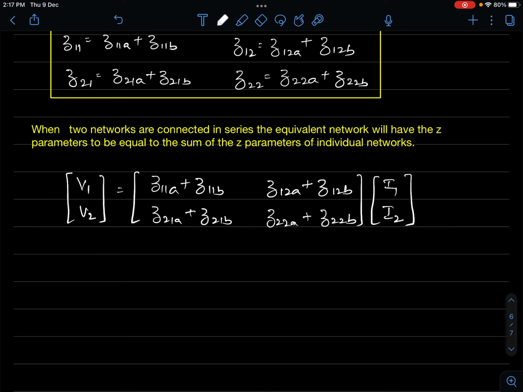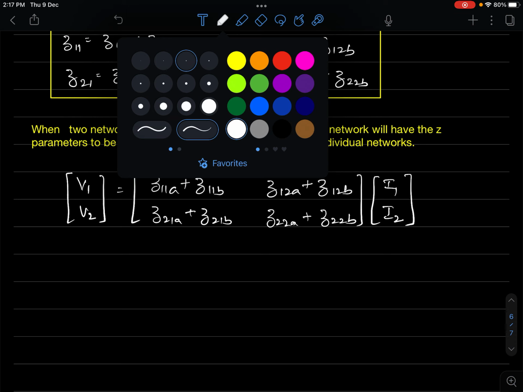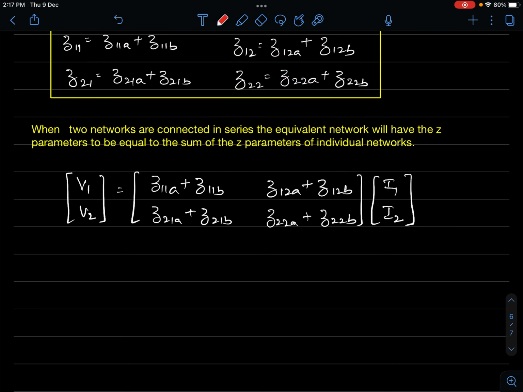This entire matrix can be treated as Z11, Z12, Z21 and Z22 of the resultant network.